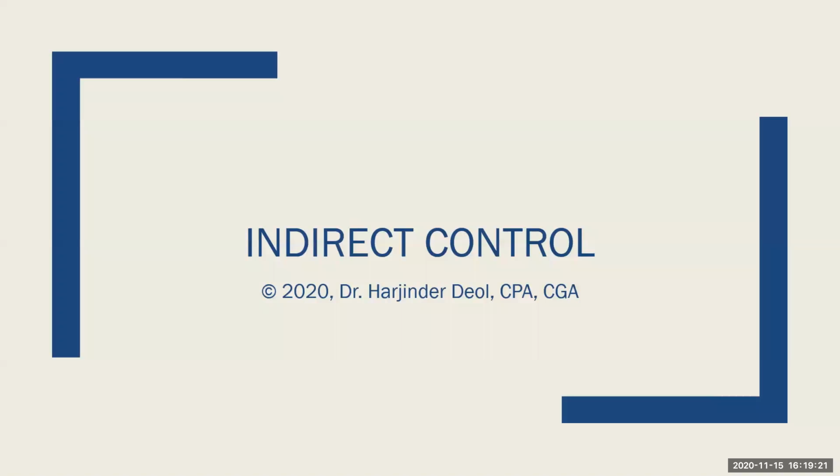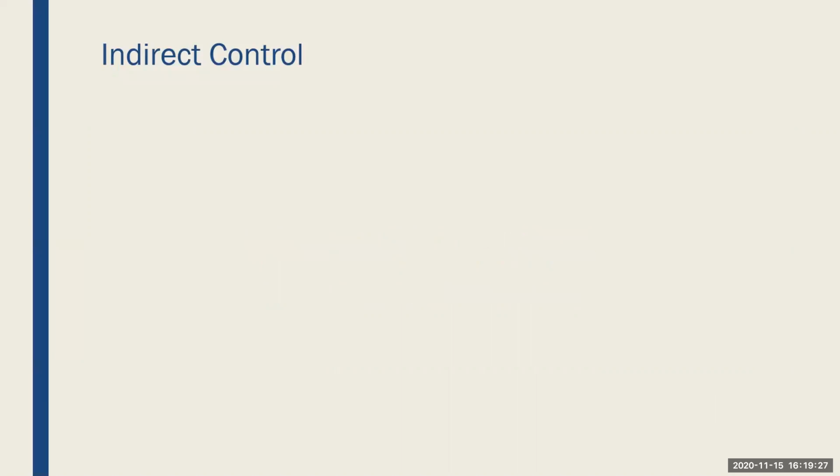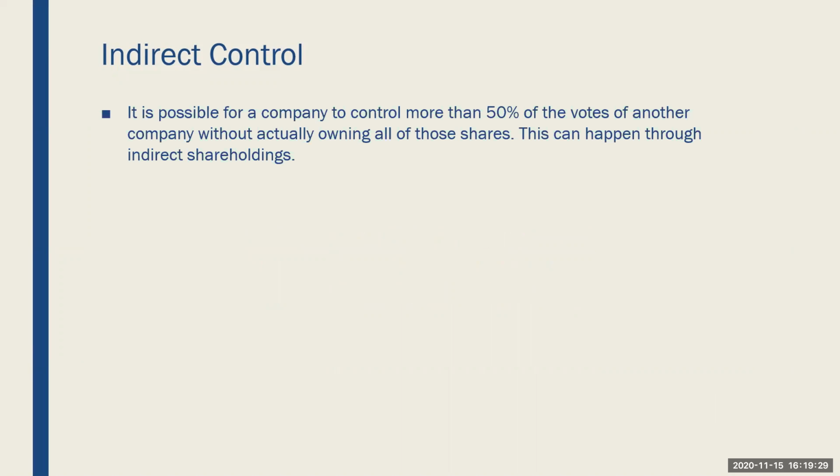Finally, we have topic 12, indirect control. It is possible for a company to control more than 50% of the votes of another company without actually owning all of those shares. And this can happen when a company has indirect shareholdings.